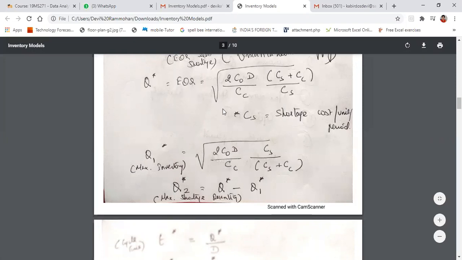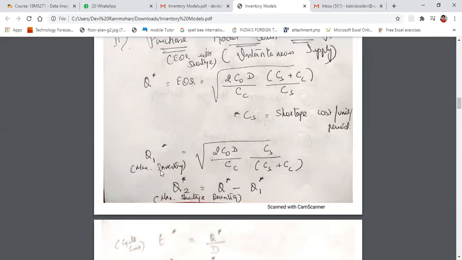Now when I calculate, I arrive at Q, the EOQ, the economic order quantity with shortage. Then I need to find the maximum inventory, Q1. Here, the first part is the EOQ, and then the inverted part, CS divided by CS plus CC.